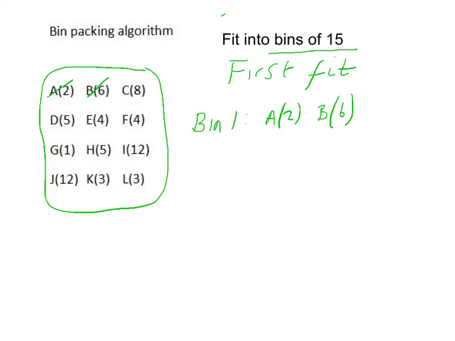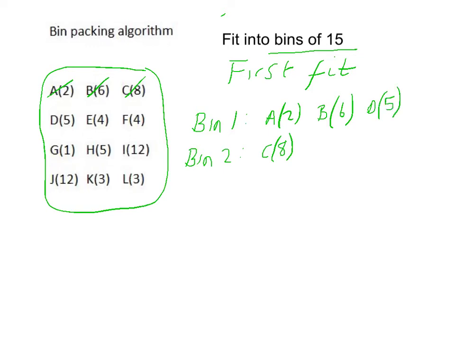Now we can't fit C in there because that would take us up to a total of 16. So we're going to have to start a new bin, and C is going to have to go in that next bin. Now we're on to D. Now D's got size 5. We still have space enough in bin 1, so we'll put D in bin 1.